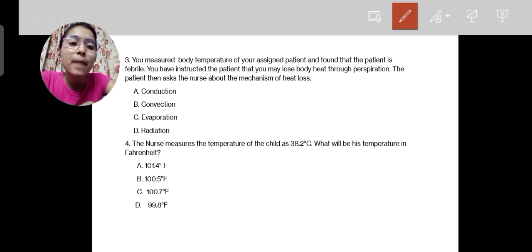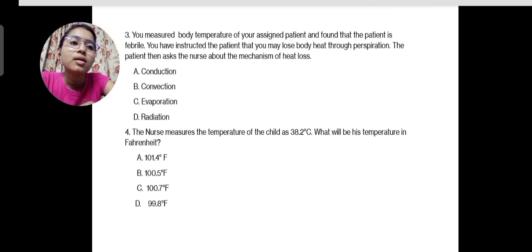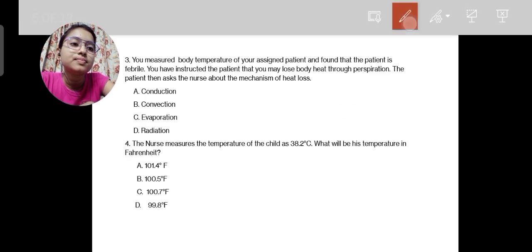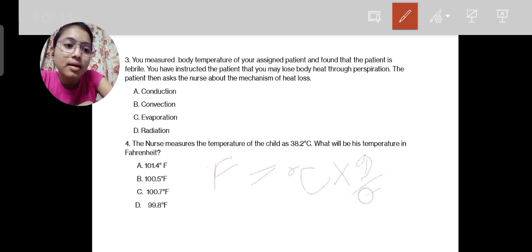So we all know the formula, right? Degree Fahrenheit equal to degree centigrade into 9/5 plus 32.